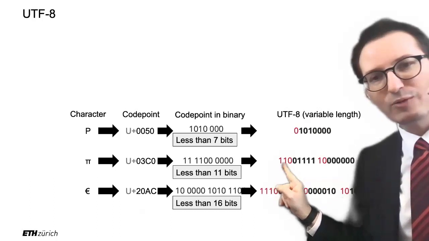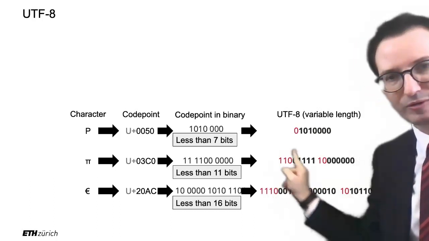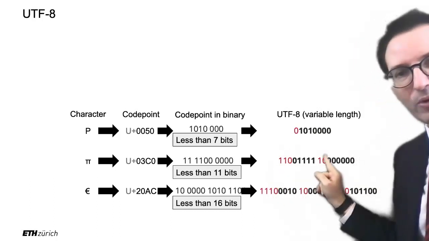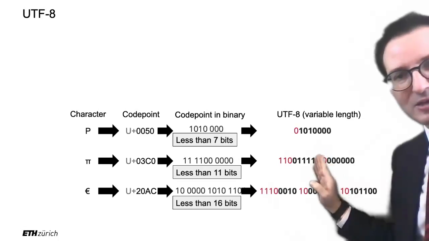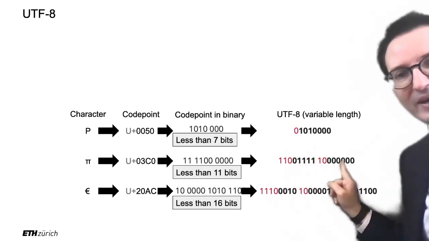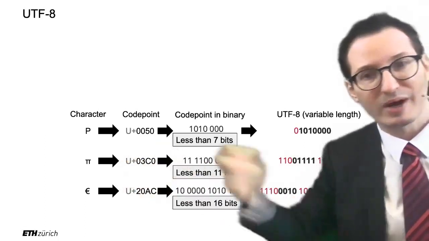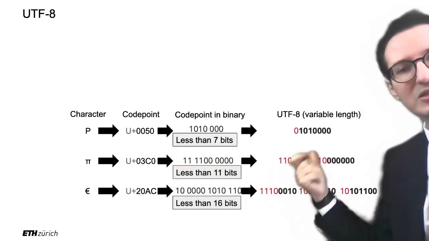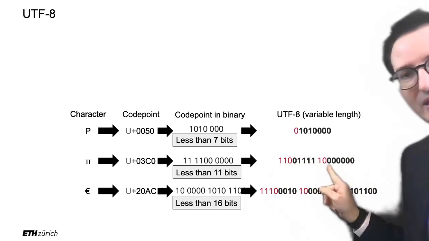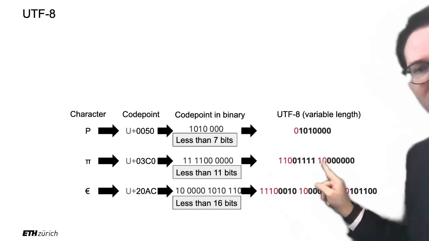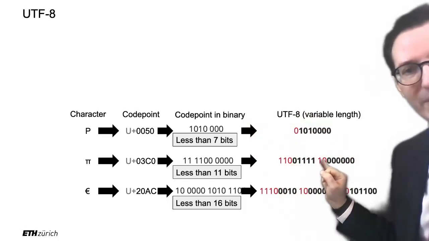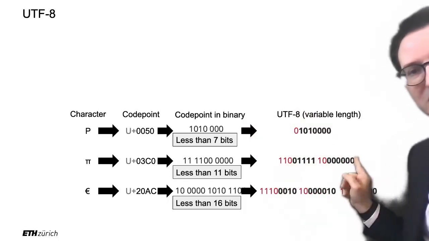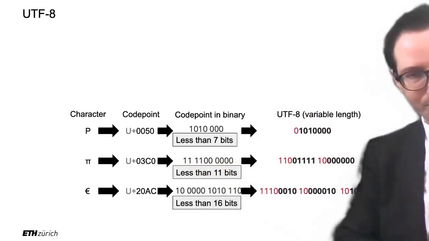The idea is that you put 110 in front of the first packet and 10 in front of the second one, right? So in that case, you have 2 bytes. You have 2 packets of 8 bits to encode just 1 letter. And when you read, you see 110, so you see that this is the first of 2 packets. Then you read the second packet, the 10 indicates that it's a continuation packet, right? So this is it, and then you can decode that to pi.